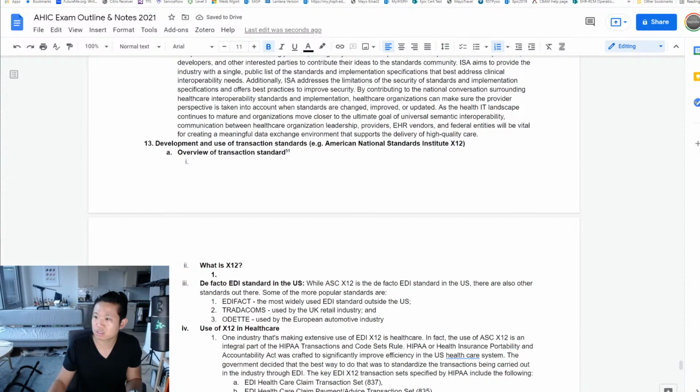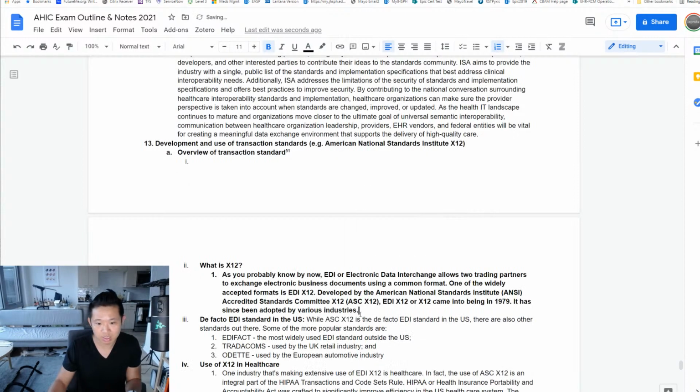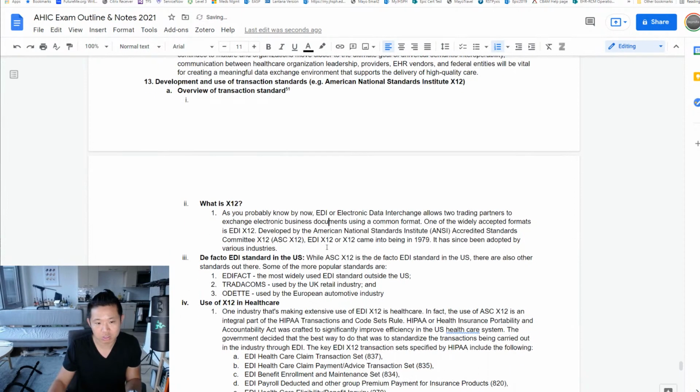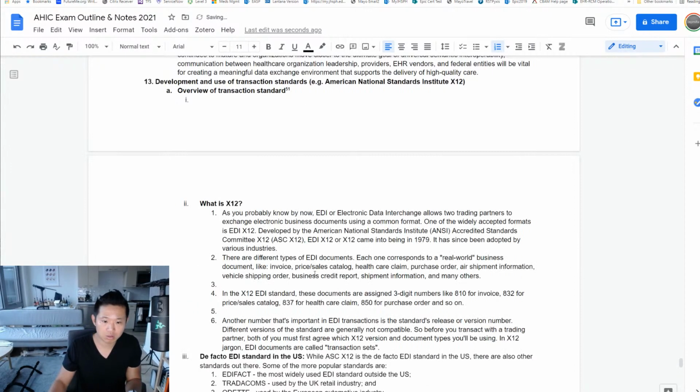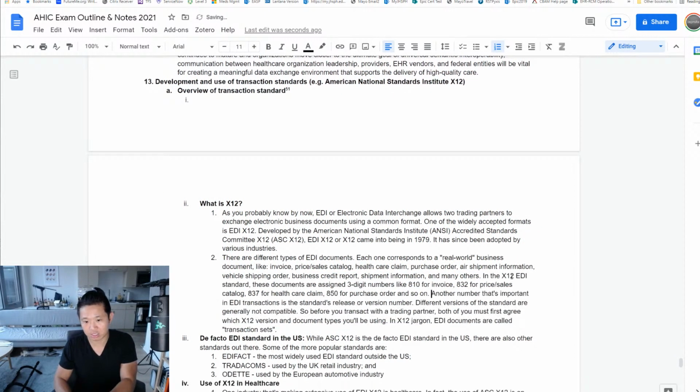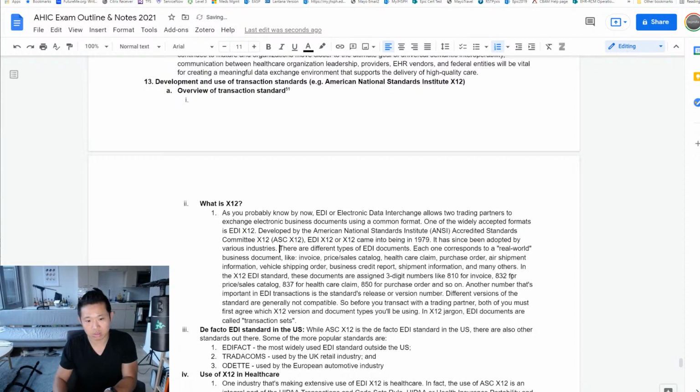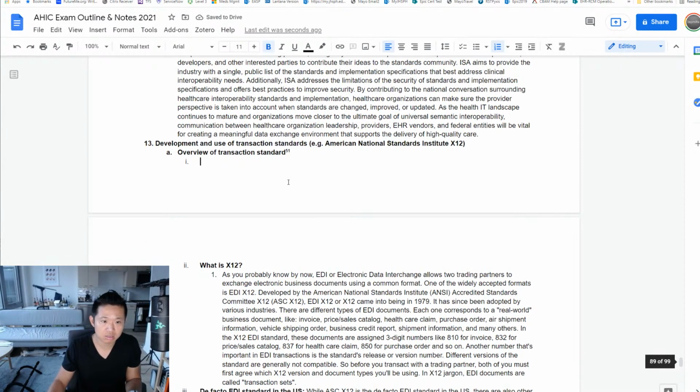Business processes, or exchanging information between two businesses. And it makes sense because healthcare is a business. There's lots of different business documents that must be transacted or transmitted from one business to another. So it's good to know. Yeah, I mean, I learned about X12 in some of my classes, but I never really dug into the details like this. It's just a lot.